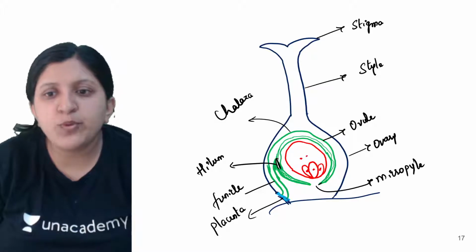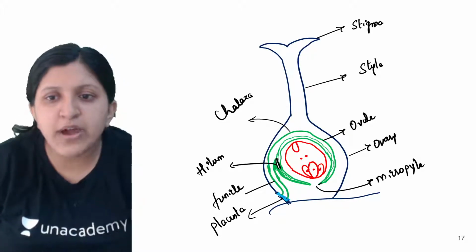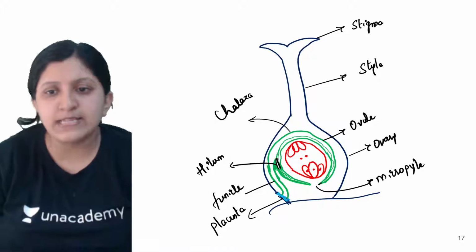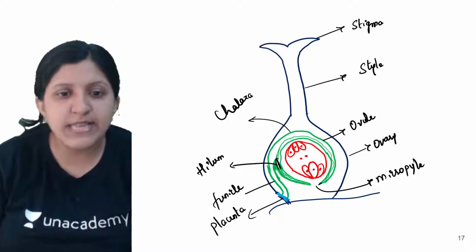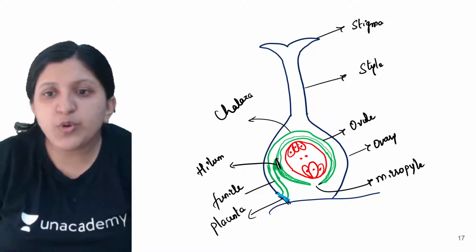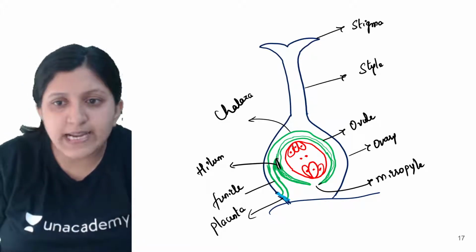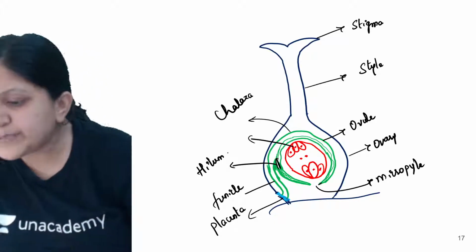Now two polar nuclei are present, and here you can find the antipodal cells. Let me just label this. Now towards the chalaza, the cells that are present are called antipodal cells.